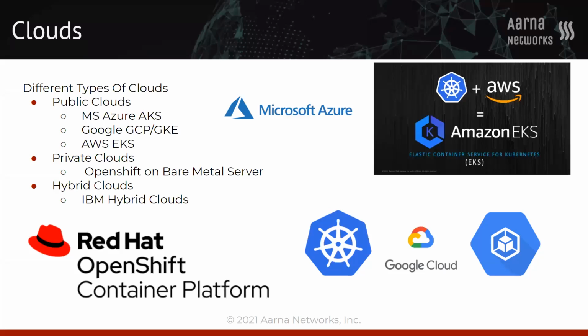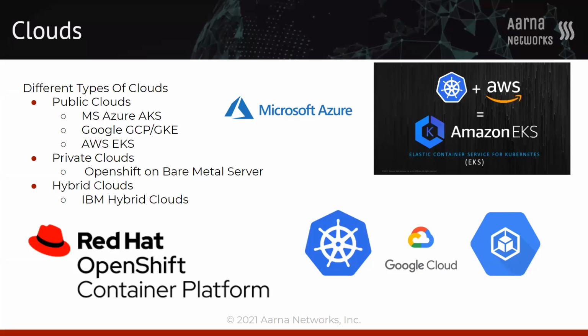What are the different types of clouds? I am categorizing them into three categories. There are public clouds, which are primarily Microsoft Azure, Google, and AWS, and there are other public clouds as well. Then we have private clouds, where we can create a cluster of a couple of bare metal servers and deploy, for example, OpenShift on it, and then use that for orchestration of any Kubernetes application.